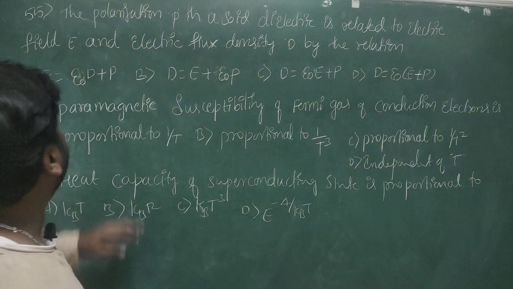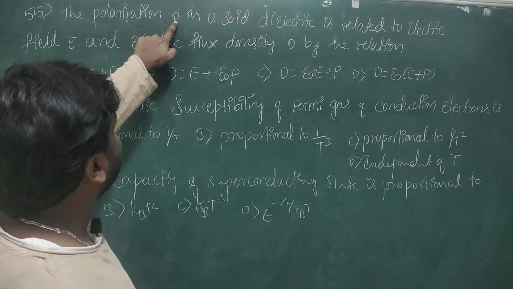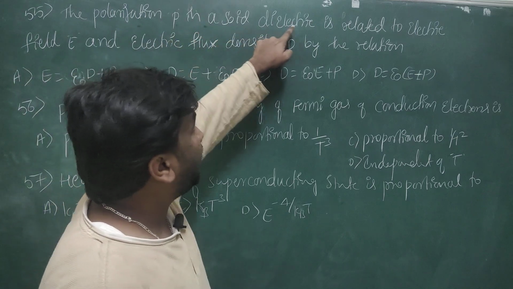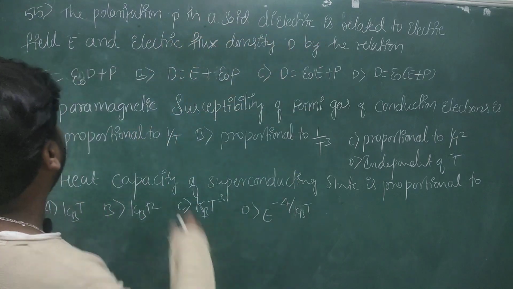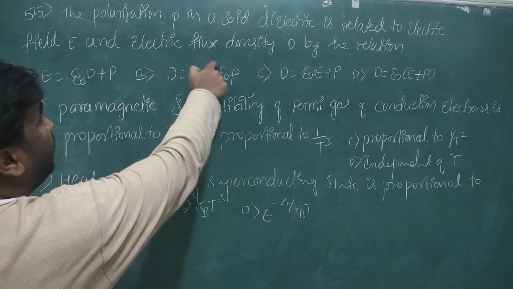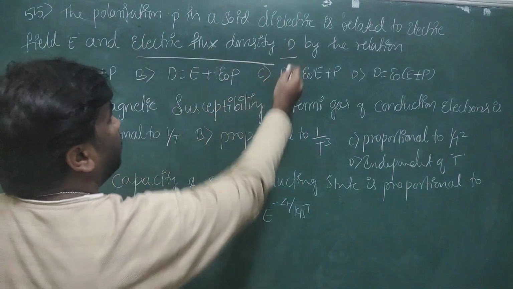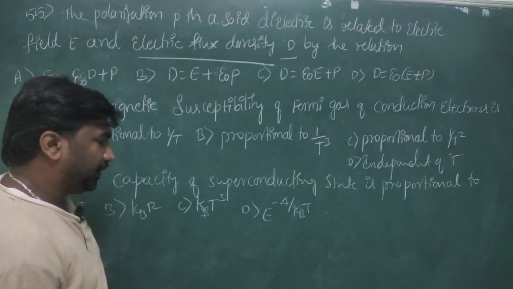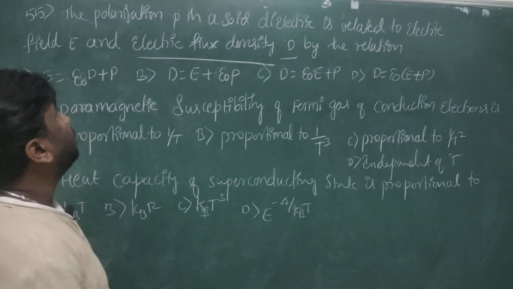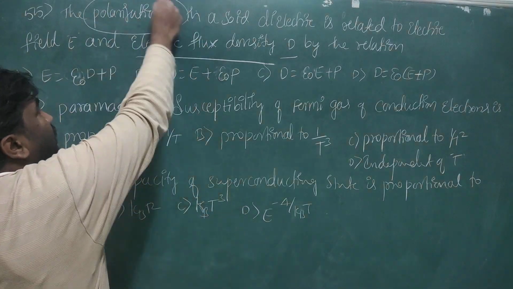So this is question number 55. The polarization P in a solid dielectric is related to the electric field E and electric flux density D by the relation. So what is polarization?